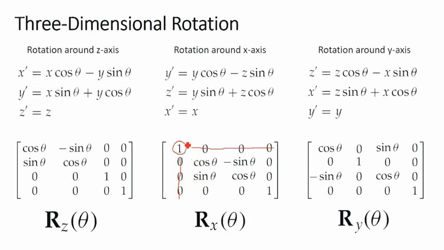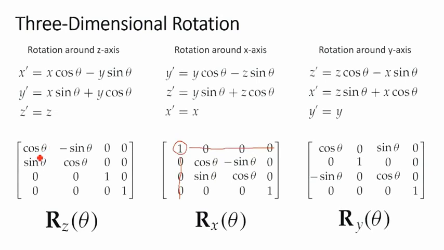After that, I am just moving this submatrix to this place. So this gives us rotation around x-axis, which is denoted by Rx of theta. X here represents we are rotating the object around x-axis.